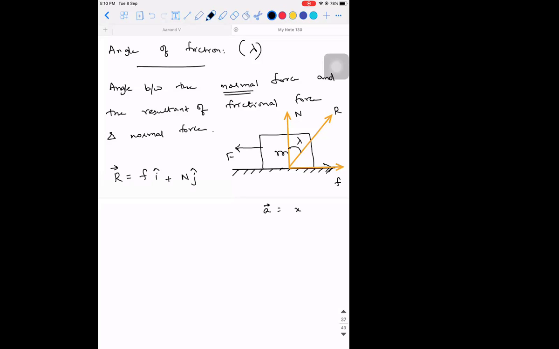If A vector is equal to X i cap plus Y j cap, then we know that tan theta is equal to Y by X, where theta is the angle made with respect to X axis. Okay, I'll explain it in a different way. Observe.